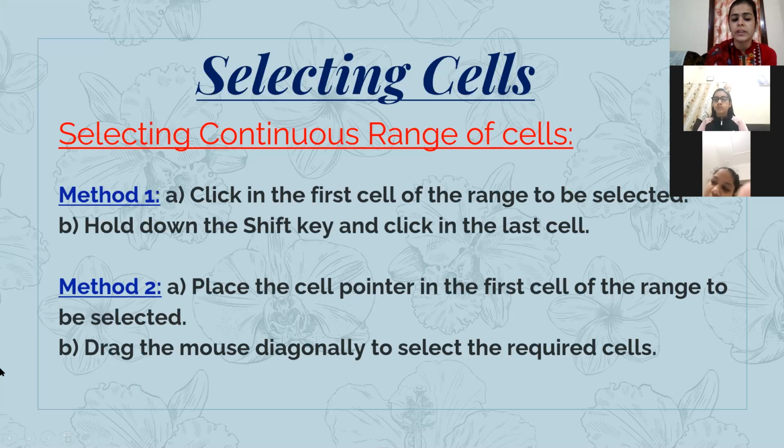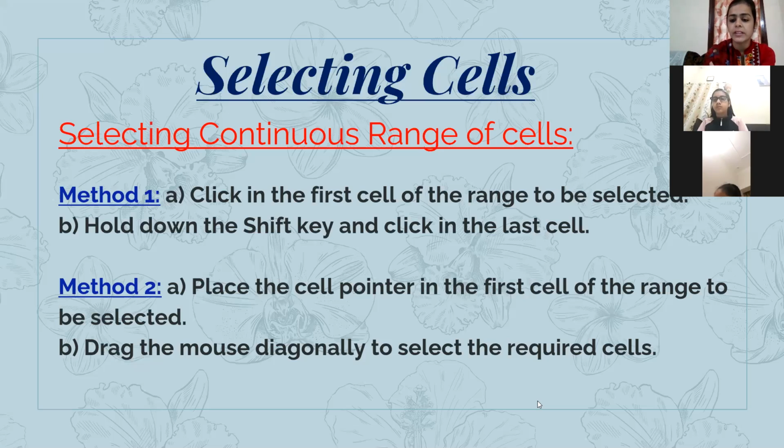The first method is to click in the first cell of the range to be selected. Means the range that you want to select, you have to click on its first cell. Then press the shift key on the keyboard and click in the last cell. With this, your continuous range of cells will be selected.